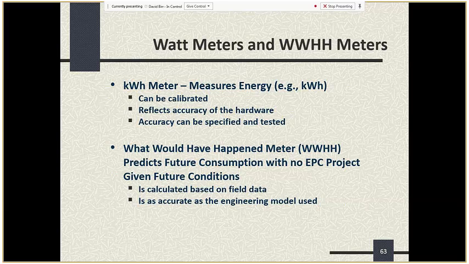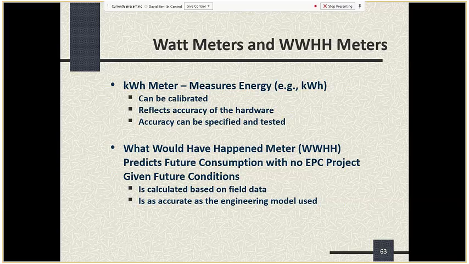But no matter what you do with a kilowatt hour meter, when you start looking into the future and you're talking about avoided utility consumption, you cannot directly measure avoided utility consumption. All you can do is look at what's going on the kilowatt hour meter. What you really need is a what-would-have-happened meter, which predicts the future consumption if there was no EPC project given the future conditions.